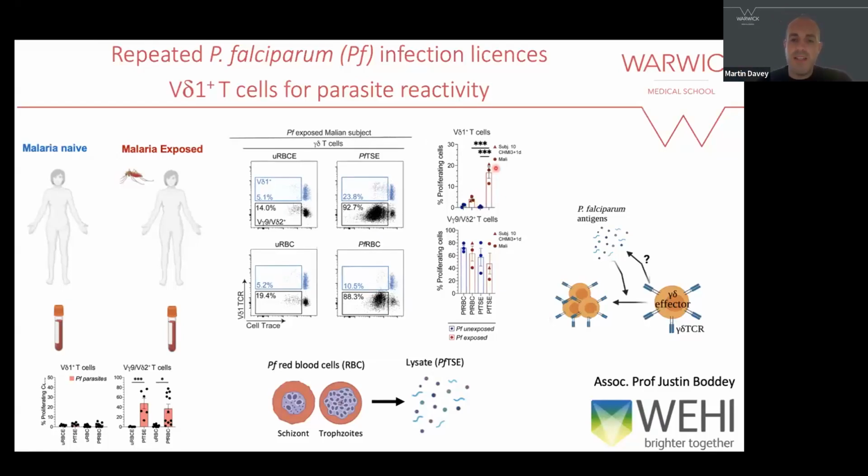Basically what you're finding is that the repetitively exposed individuals are responding heavily to this lysate, but they don't seem to respond too well to the red blood cells. So it definitely suggests that they're reactive, but maybe they're reacting to antigens or proteins that are being presented. And this was quite an interesting finding for our study as a whole.